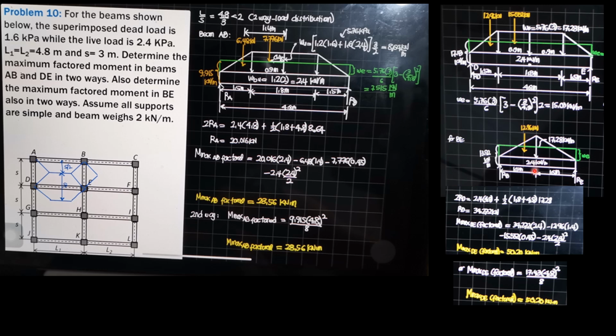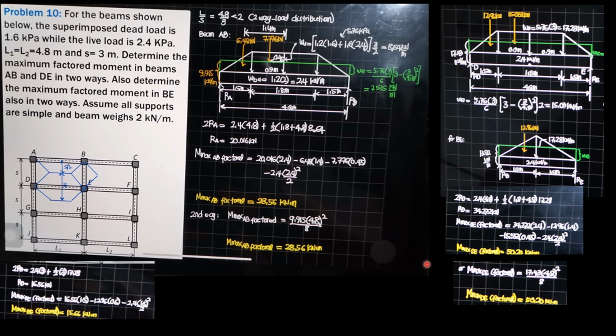So summation of vertical forces, Y equals 0. 2RB equals area of the rectangle plus area of the triangle. So 2RB equals area of the rectangle 2.4 times 3 plus area of the triangle, 1/2 of 3 meters base times height 17.28. So RB is 16.56 kilonewtons.